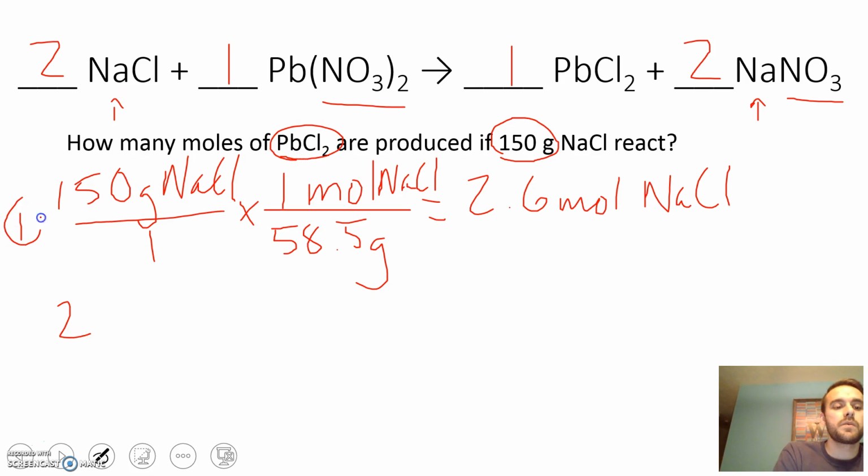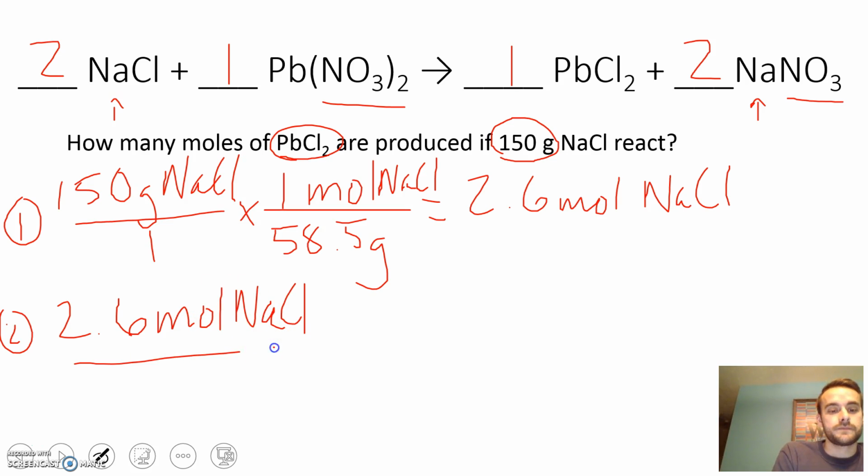Okay, so step 1, convert. Step 2, we're going to find how many moles of product we would actually make. So I take my 2.6 moles of NaCl, and I'm going to multiply that by the ratio between NaCl and PbCl2.